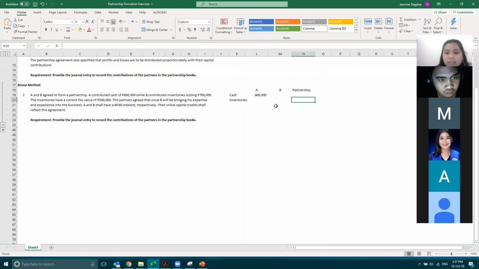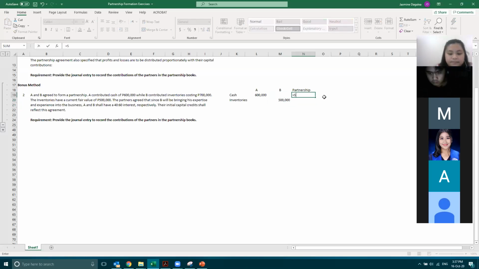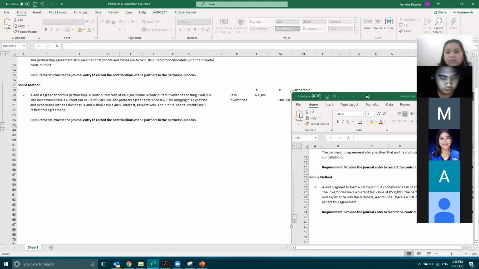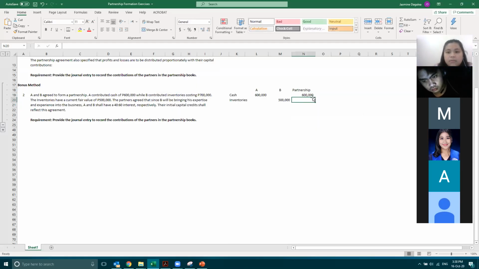Magkano lang yung i-extend nyo? 500,000 lang kasi given na fair value siya. Tapos, may additional investment pa ba? Wala.